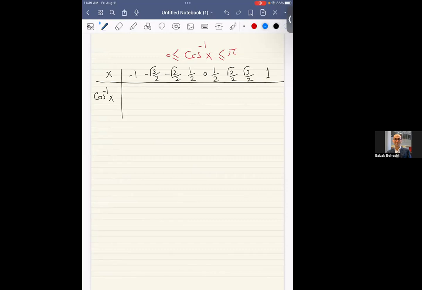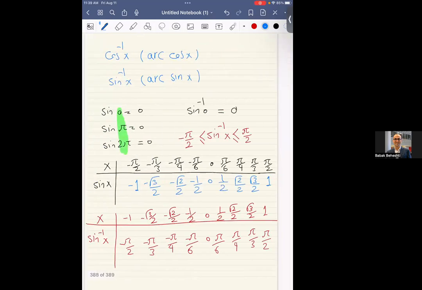What is cosine inverse of -1? So the question is, for which angle theta is cosine theta equal to -1?